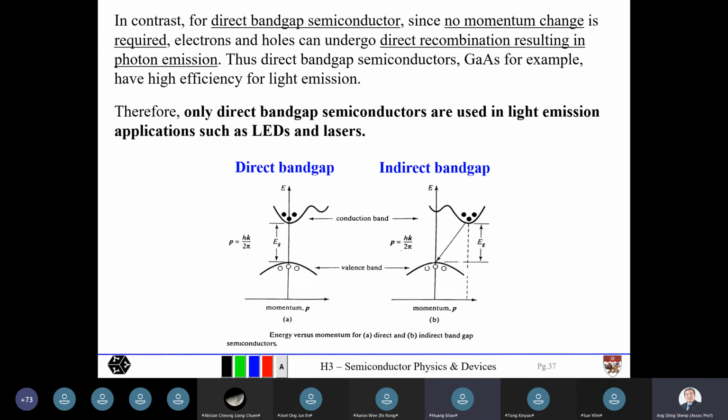Okay, so it means that this defect will have a fixed momentum, and the defect energy is determined by the solution of the Schrödinger equation at that particular position.